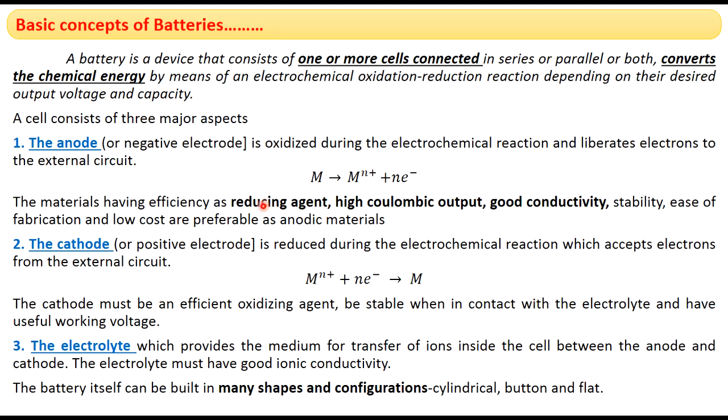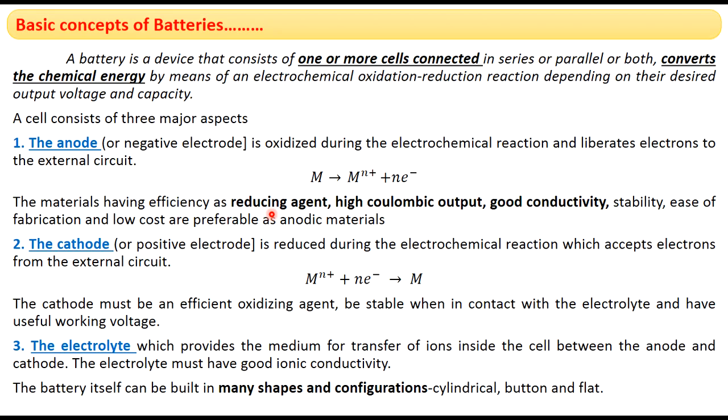Materials having high reducing efficiency means a material which can reduce the other compound better, so that is used as anode, as it can be oxidized well. A compound which is reducing the other compound is oxidizing itself.